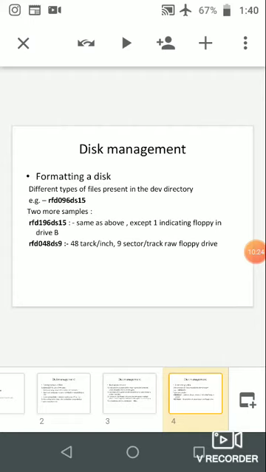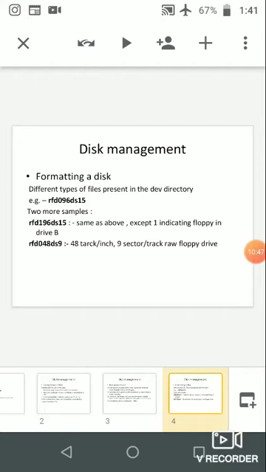Now, formatting a disk means erasing all the data from the disk. You know the meaning of formatting, and to interface with the different types of disks, there are several files present in the dev directory.